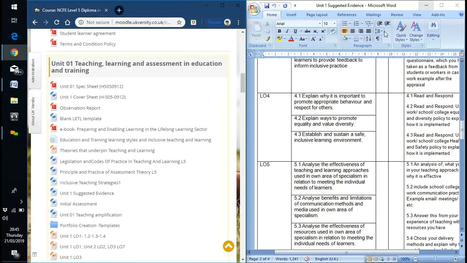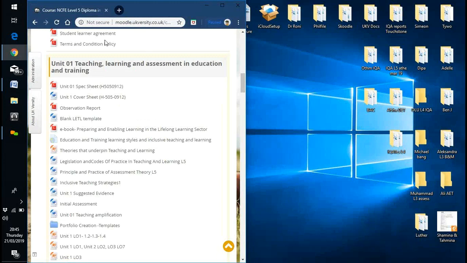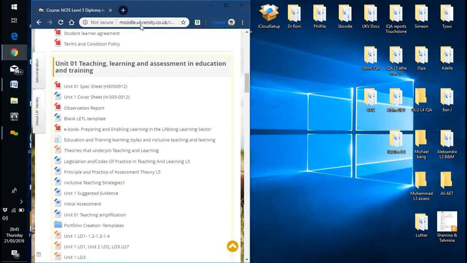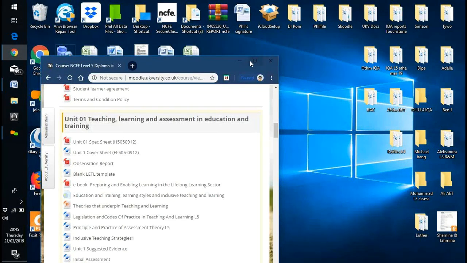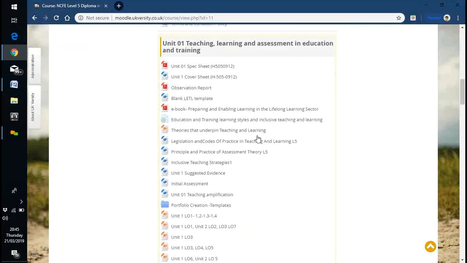That's better. Ah, there we are. Just have a check through Unit 1, cover sheet, observation report.